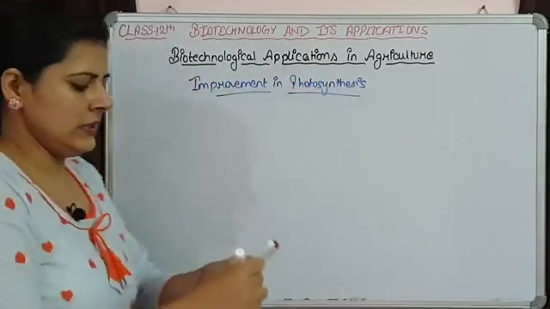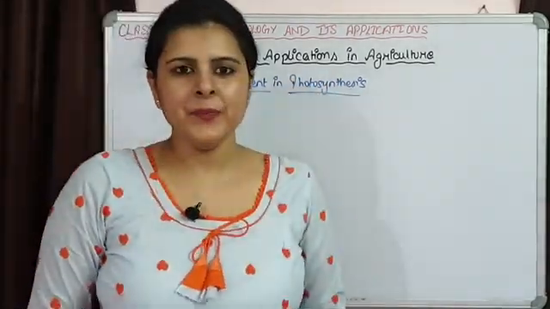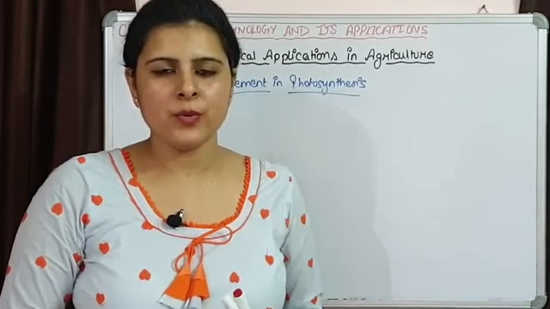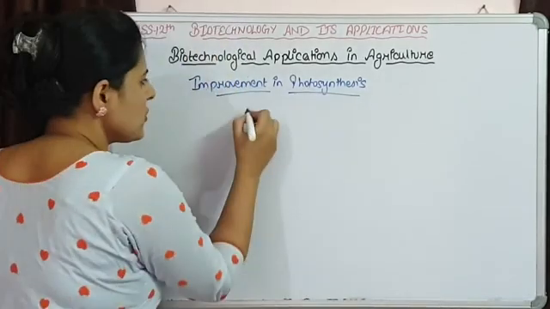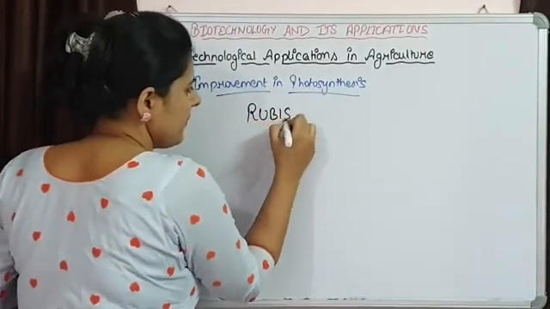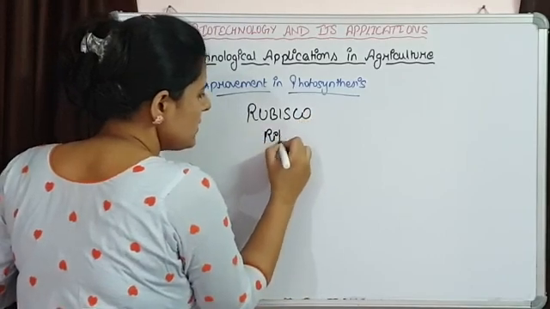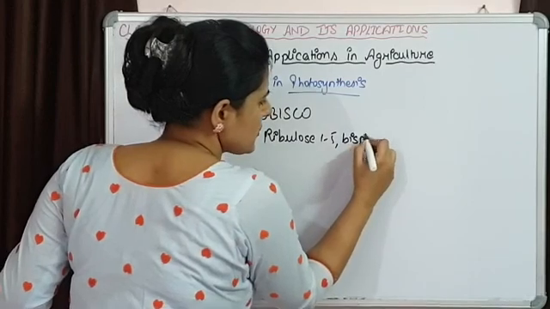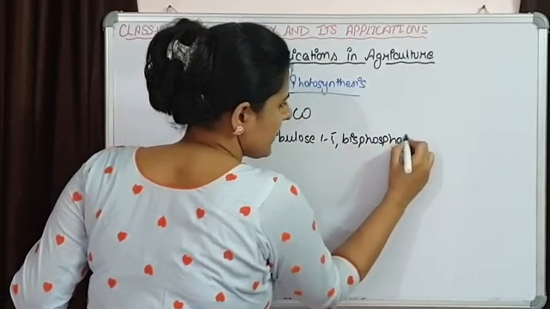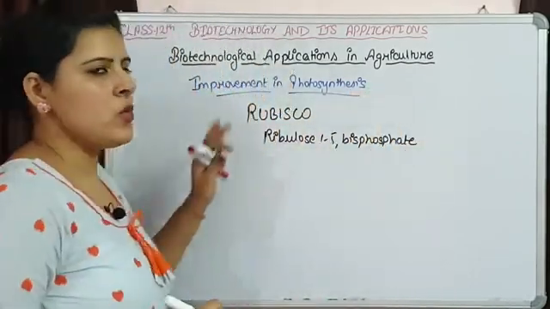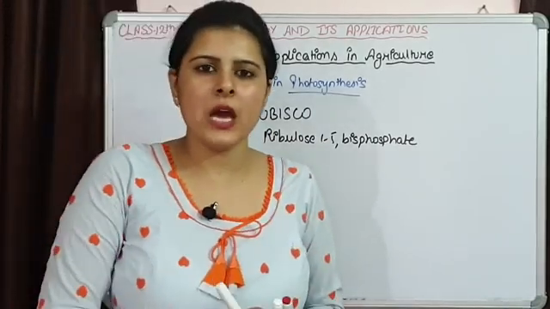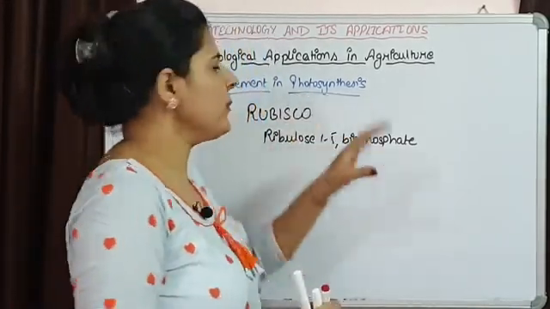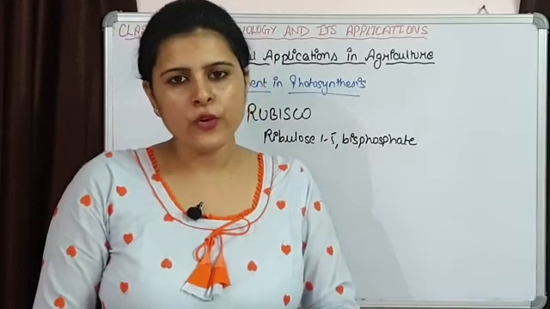We know that there is an enzyme that is very important in the process of photosynthesis, that is rubisco, ribulose 1,5-bisphosphate carboxylase oxygenase. It is the most abundant enzyme on the earth's surface and plays a very important role in the process of photosynthesis.